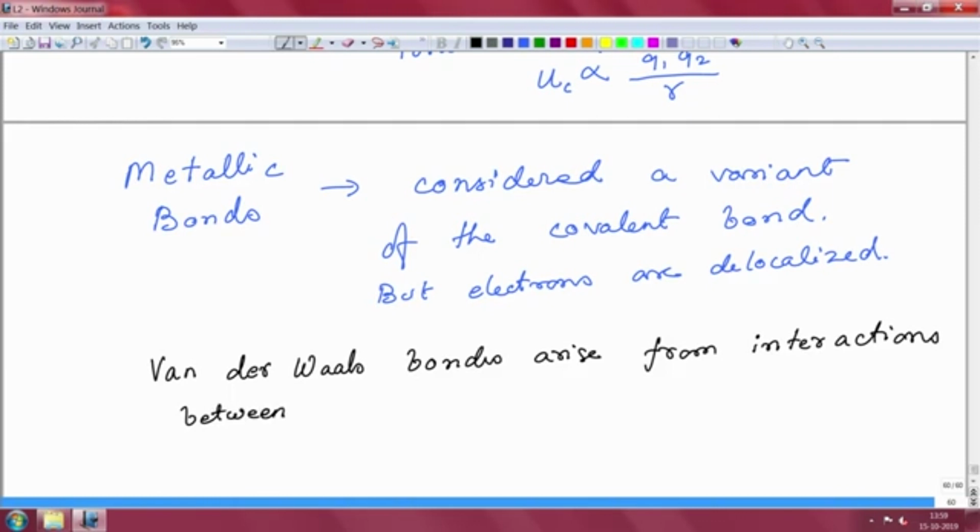So, overall the two entities should not have charges.